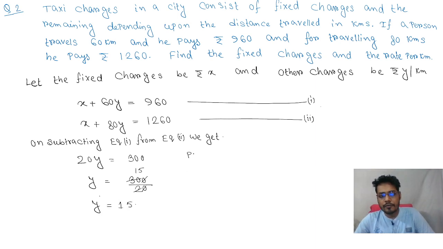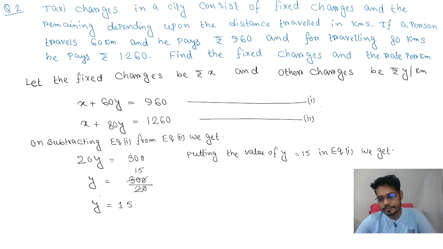Now putting the value of Y equal to 15 in equation number 1, we get X plus 60 into 15 is equal to 960. So here X plus 60 multiply 15 is 900.